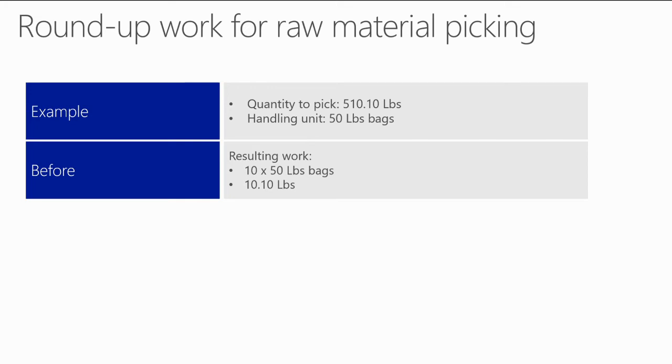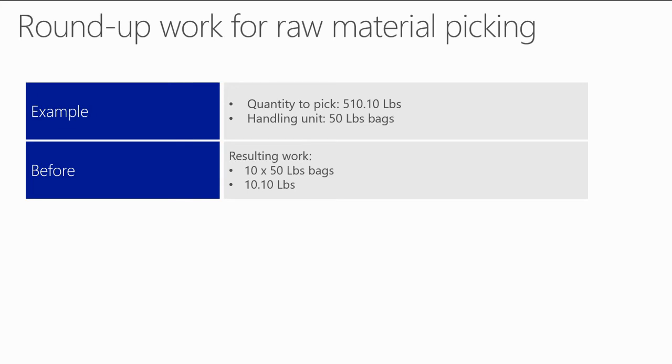So the warehouse worker would have to break the bag, take his weight, and then weigh off 10.10 pounds. And I actually got confirmed that some customers do that. So it is the task of the warehouse worker to weigh off the ordered quantity.